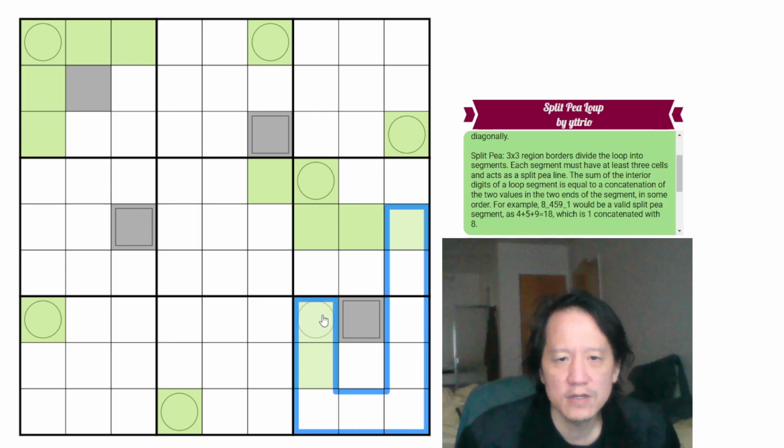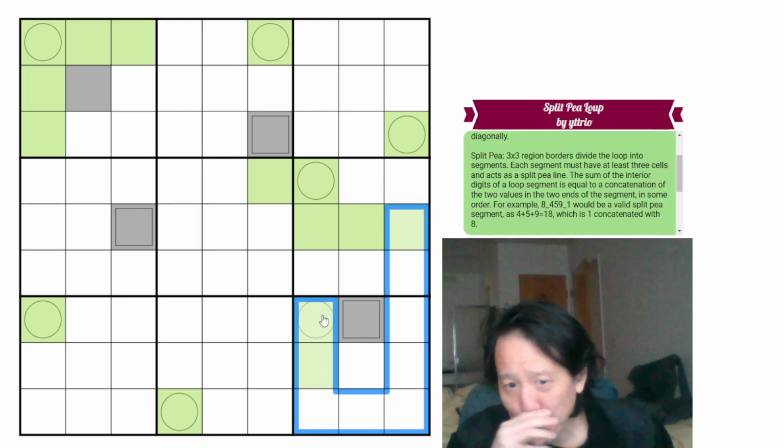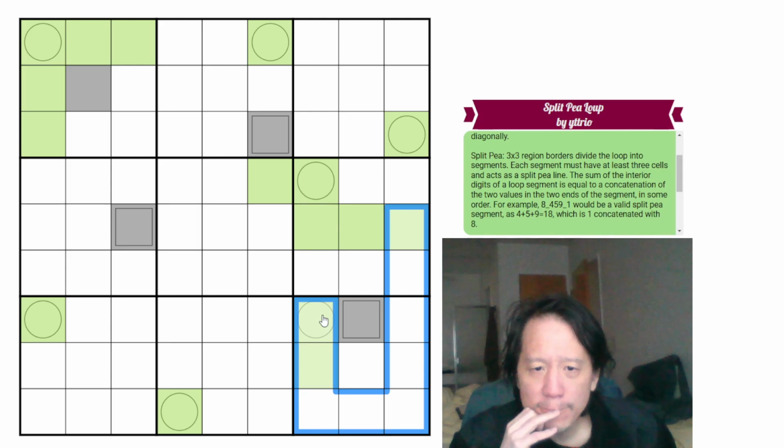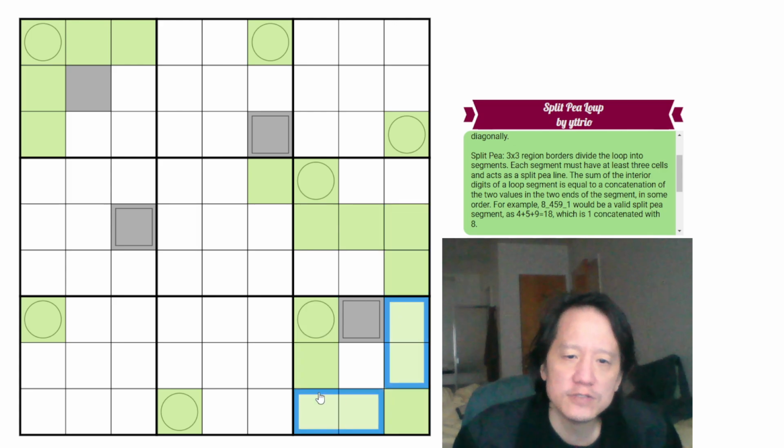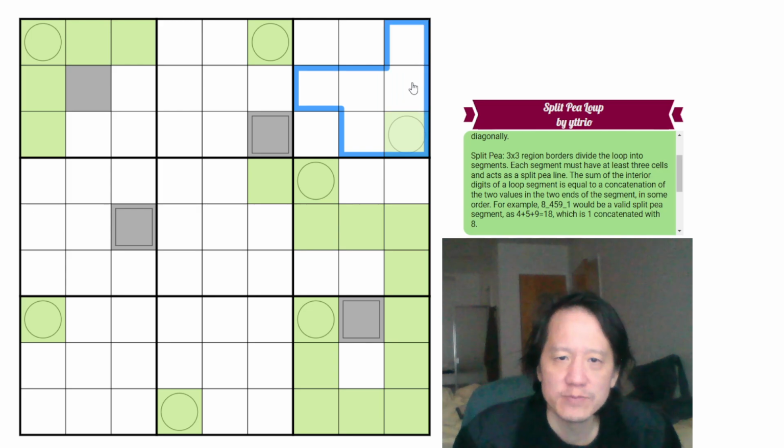Can it go like that? I guess it could go like that, right? But if it, okay, so then we try to go down. But the problem is if it goes down, how does this one get entered into? It would have to be like this or something, but that's not possible because it would touch itself, right? So that's not possible either.